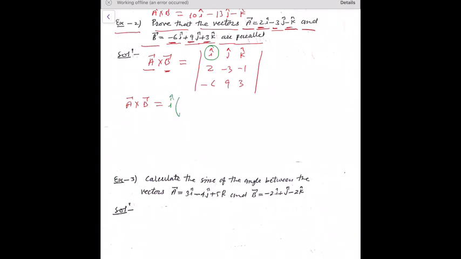So A vector cross B vector is equal to, first I cap: minus 3 into 3, then minus 1 into 9.